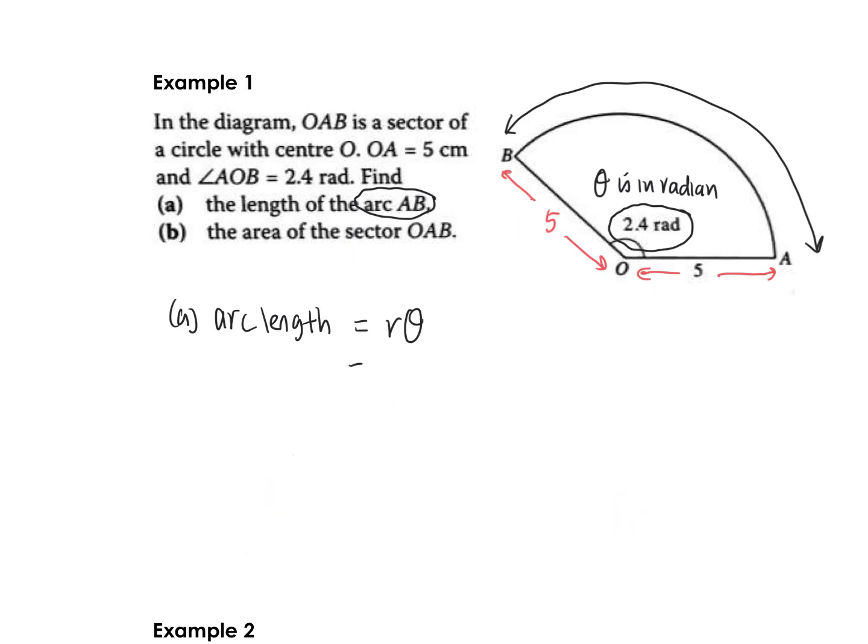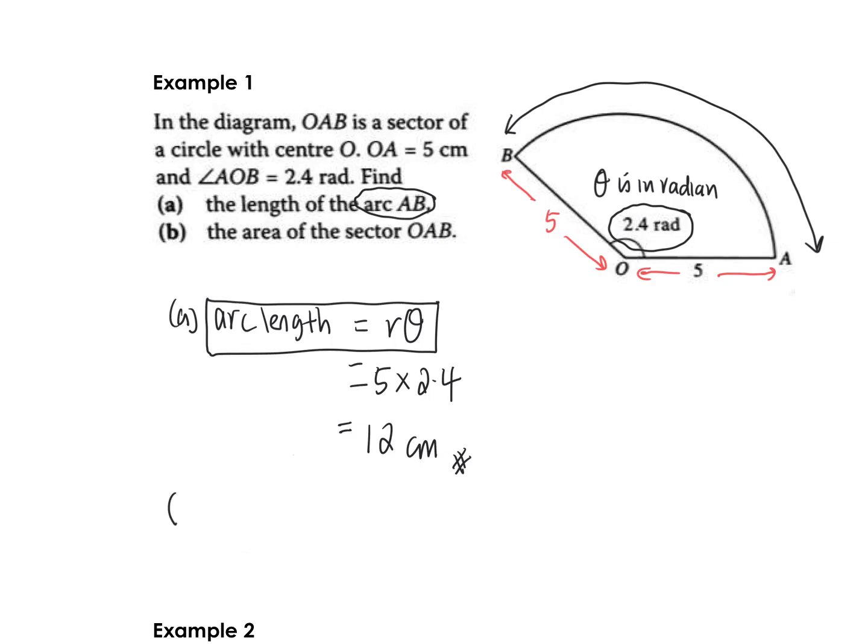So R is 5. Theta is 2.4. So I get 12 cm. Okay, so the formula is very direct. You just need to look at your angle to decide which formula to use. Okay, B, I want to find area of this sector. So we also have another formula. It's called r square theta over 2.